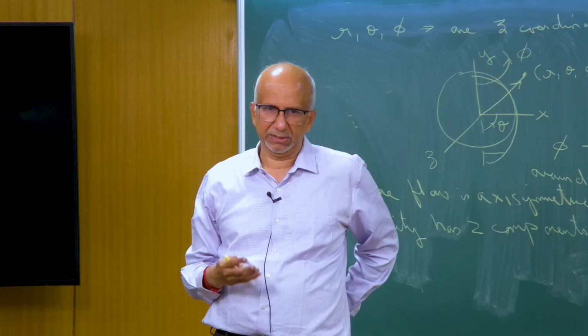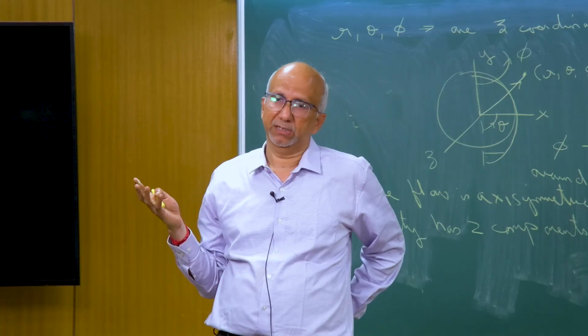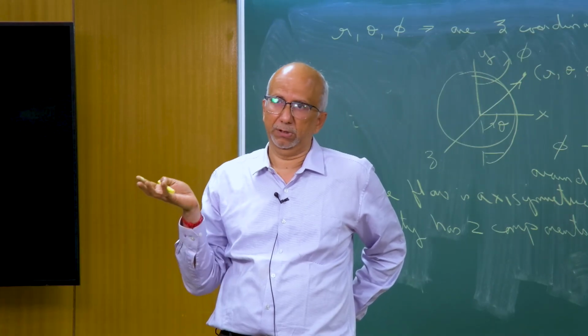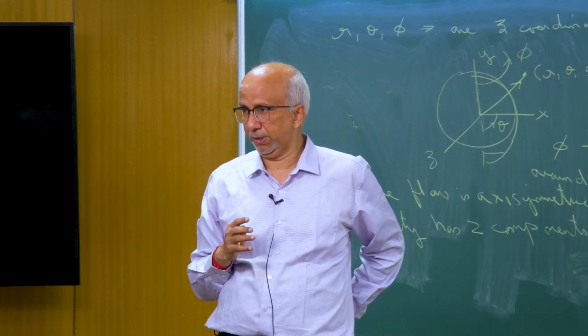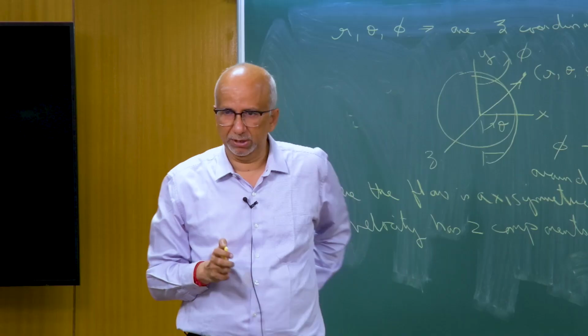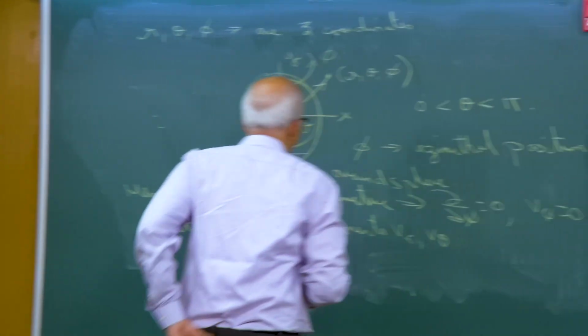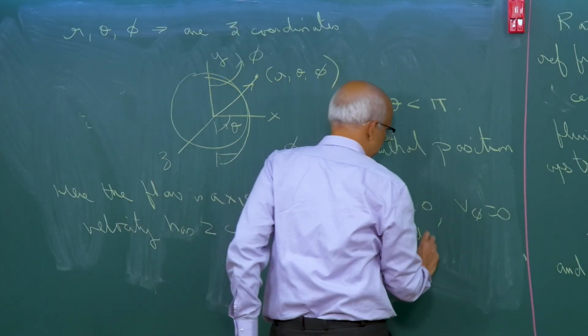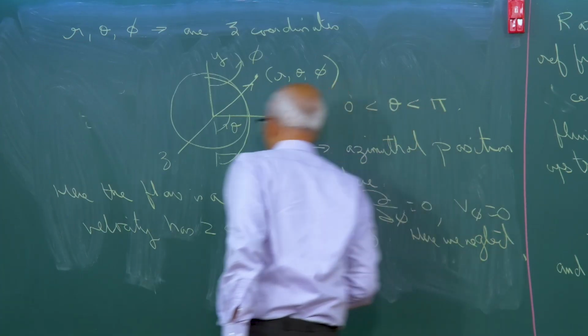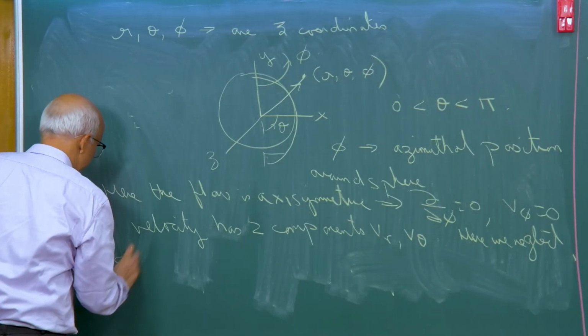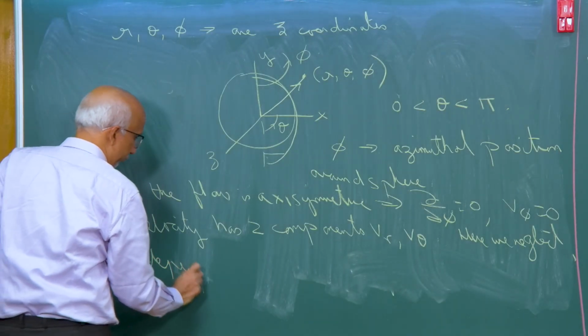This is something similar to what we did in cylindrical geometry, where we talk about axisymmetry, where we neglect the theta dependency. So that is something which you have to understand. So here we neglect phi dependency. I don't know if I wrote this already.